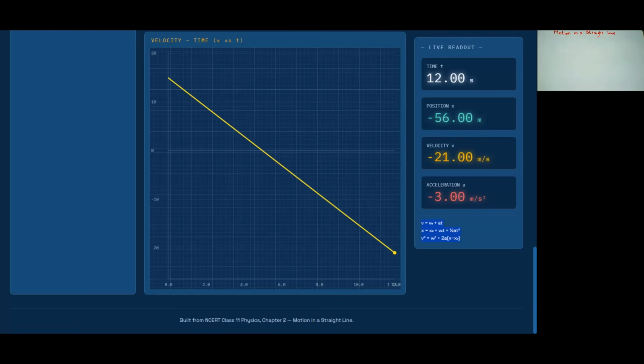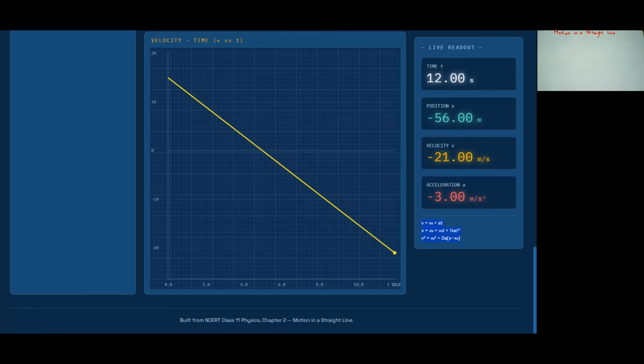These connect x, t, v naught, v and a. They are only valid when the acceleration is uniform, that means constant in both magnitude and direction. If the acceleration changes, these equations do not apply. Note it down. Clear? Okay.